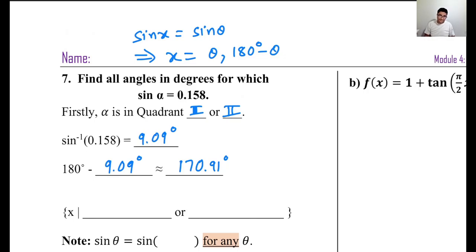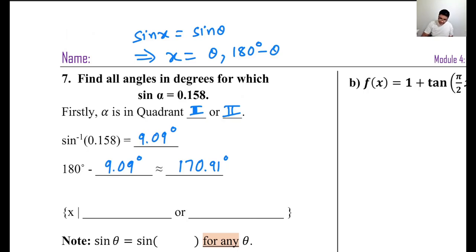And why is that? Because if theta is positive, think of theta as a small angle in the first quadrant. 180 minus theta is in the second quadrant. In both of them, sine theta is positive, right? And that's the angle you will get exactly if you move horizontally to the other side.